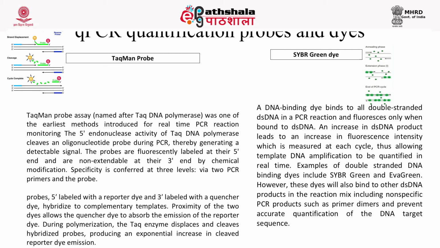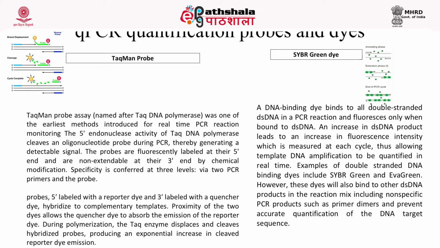The 5' endonuclease activity of Taq DNA polymerase cleaves an oligonucleotide probe during PCR, thereby generating a detectable signal. The probes, as you can see in the green color, have a 5' label with reporter dye and a 3' label with a quencher dye. The sequence of the probes is such that it will hybridize to the complementary templates.